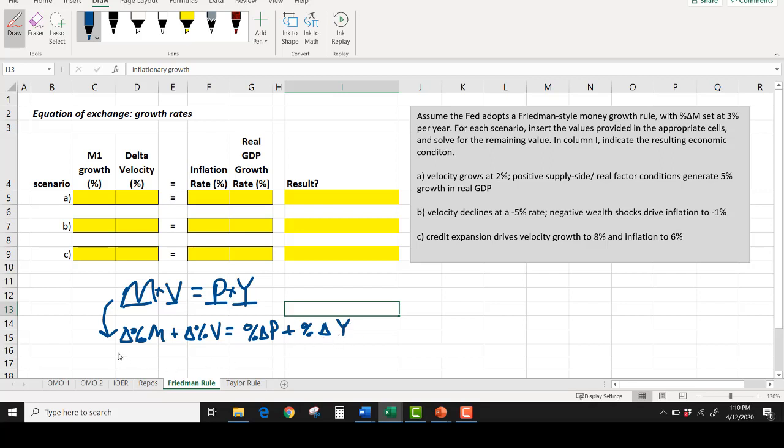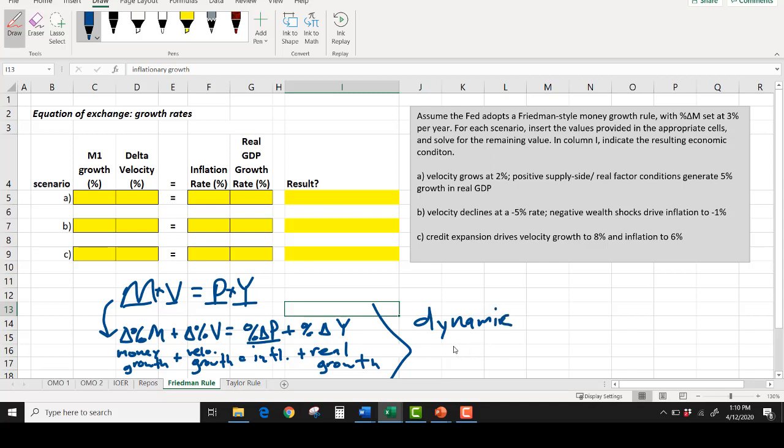So we might describe this as money growth plus velocity growth. What do we call the percent change in the price level? The inflation rate. And then the change in the real GDP, we'd call that real growth. So money growth plus velocity growth equals inflation plus real growth. This is how we're thinking about the impact of this monetary policy framework.